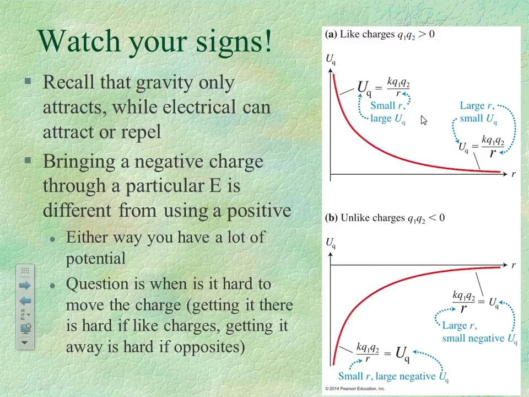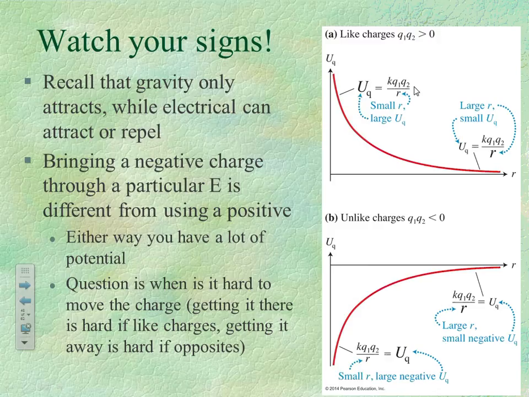This one, and these came from the textbook, is the same shape as this one, except you can see that one is clearly positive and one is negative. Same basic equation and same basic result. The farther away, the less the absolute energy is going to be. The question is, is it going to be positive or negative? That depends on if they're like charges or unlike charges, very similar to electrical forces.